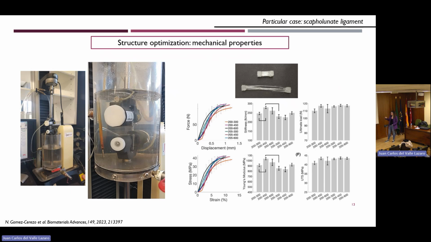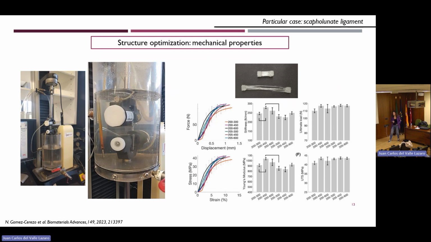Then I organized all the data with the help of Natalia too. And we realized the mechanical properties were really great for the tissue. Compared to the ligament in the body, we are in the same range, even a bit higher. And then we saw that 200 and 450 and 200 and 600 were similar in terms of mechanical properties.